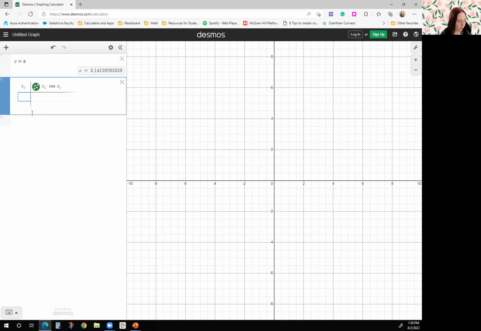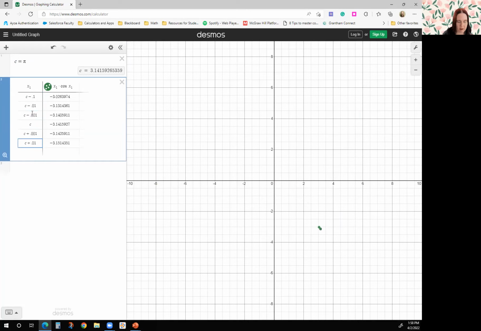The way that I usually do this is I have C minus 0.1, C minus 0.01, C minus 0.001, C plus 0.001, 0.01. You want to get close to your values when you're making a table of values.